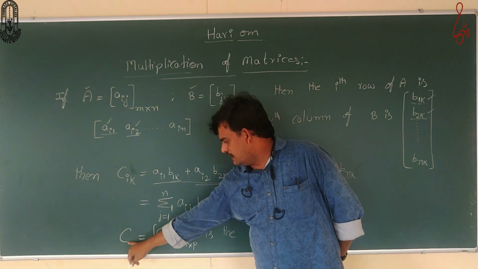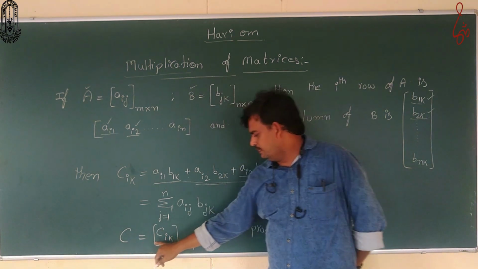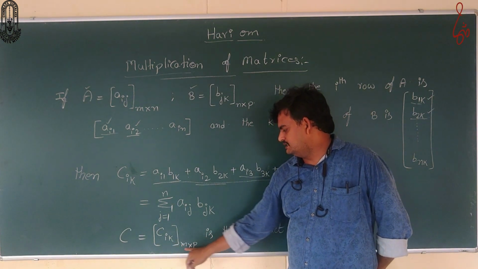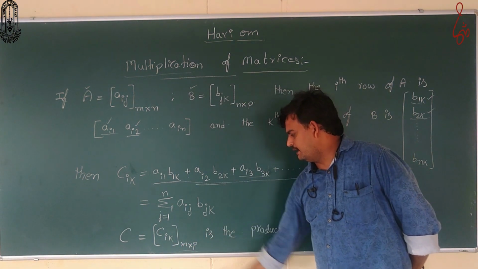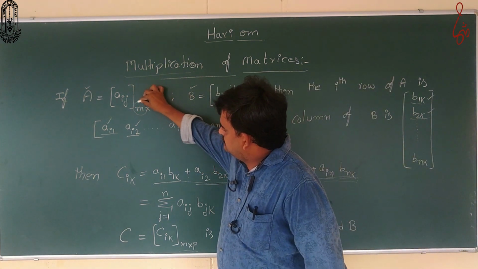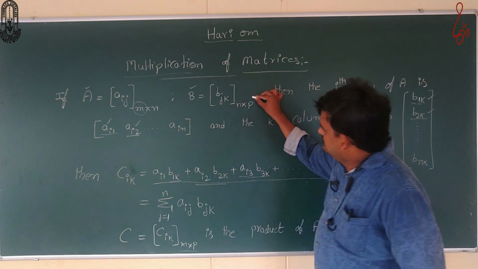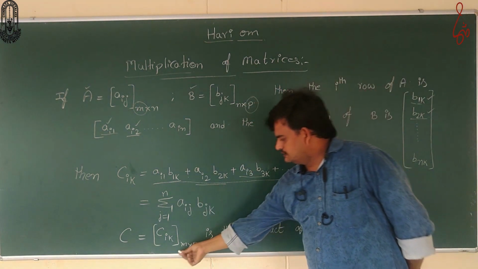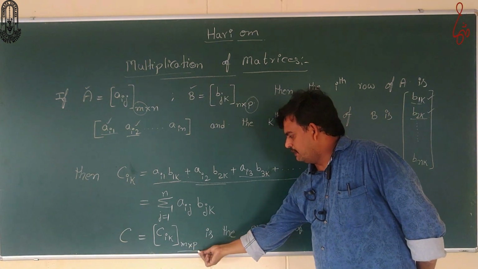This is our resultant matrix, C is equal to Cik, of order m by p. As we told you, the number of rows in the first matrix and the number of columns in the second matrix give us the order of the resultant matrix.